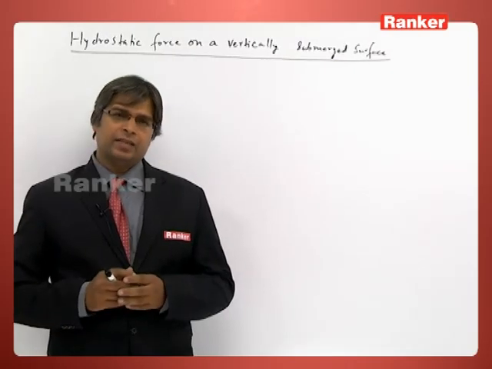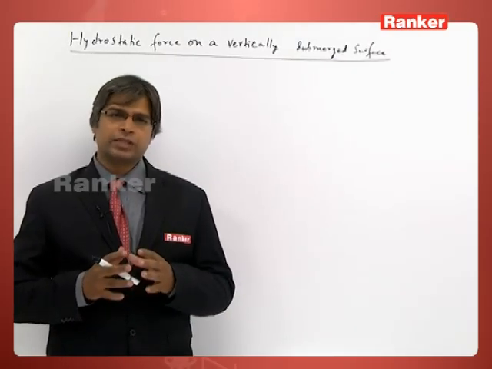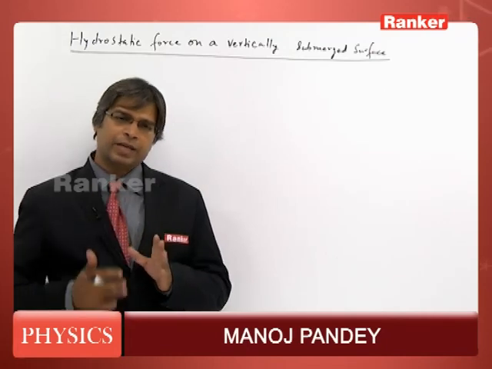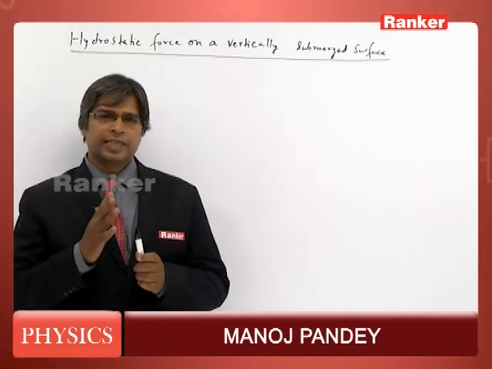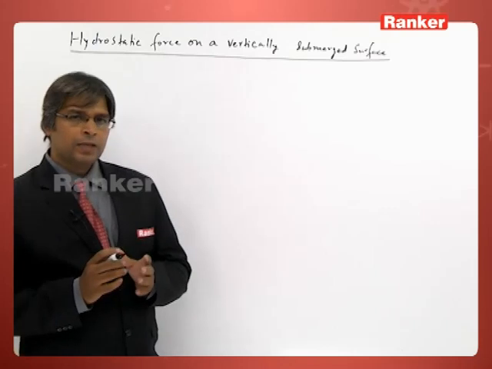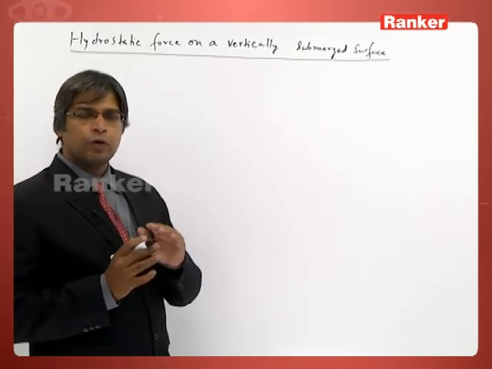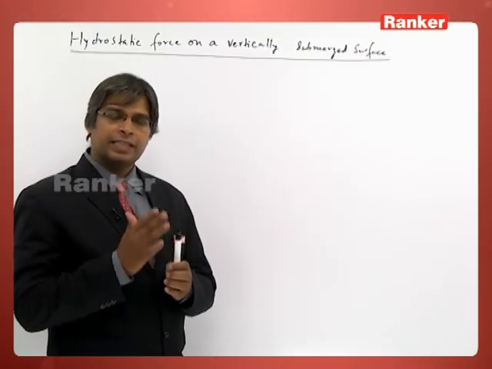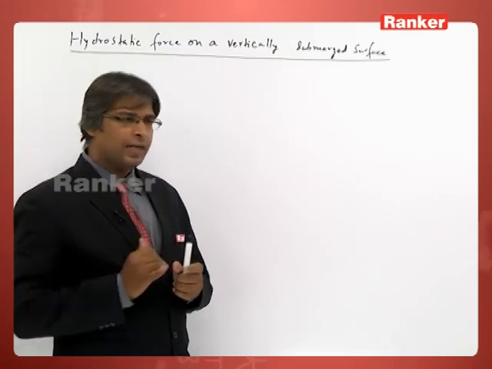Now let us see the hydrostatic force acting on a surface which is vertically oriented. This time the pressure force is not the same, because we have studied that pressure varies with height.